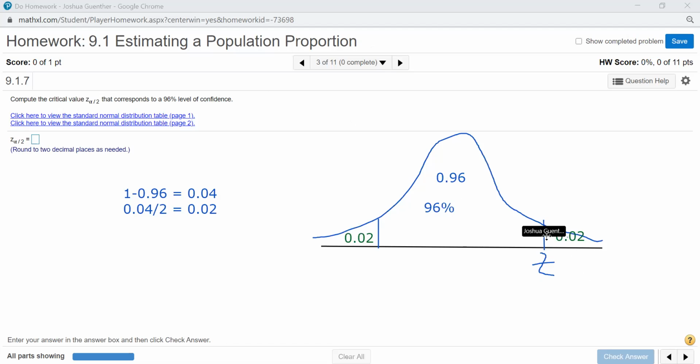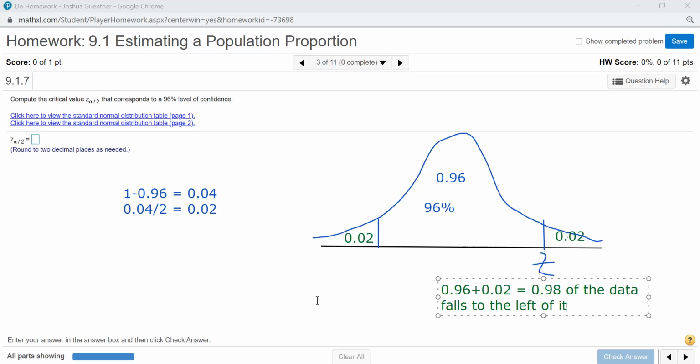You'll notice it has 0.02 of the data to the right of it, which means it has a total of 0.98 of the data to the left of it. So ultimately what we're going to do is look for the z-score, or get as close as we can, that has 0.98 of the data falling to the left of it.